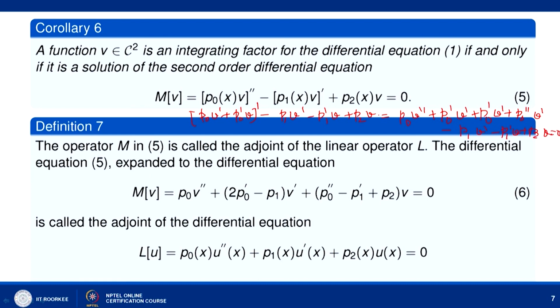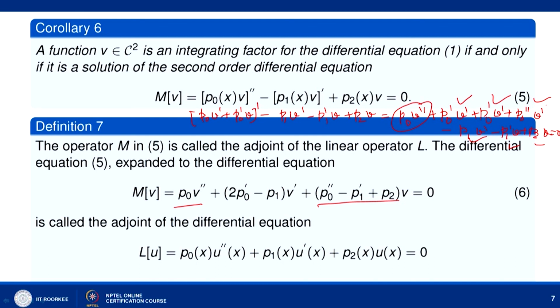When we collect the terms, we have the relation p0 v double dash plus 2 p0 dash minus p1 times v dash. So we collect the coefficient of v dash, which appears here, here, here and here, so it is 2 p0 dash minus p1, times v dash, plus the remaining part, which we have here, here and here.